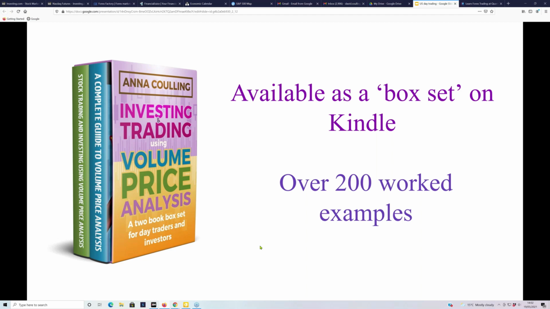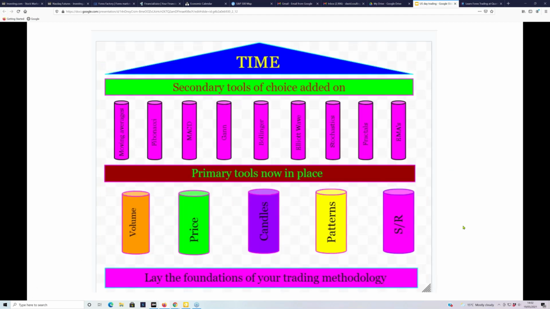They may have their own little idiosyncrasies in terms of what type of chart pattern, what shape of chart you may find in one market and another, but the core principles of volume price analysis apply throughout: volume, price action, candles, patterns, and support and resistance.